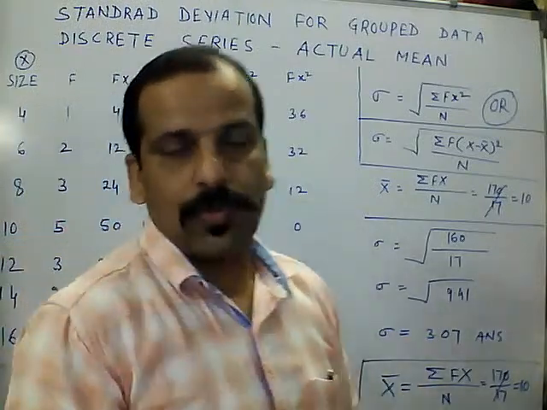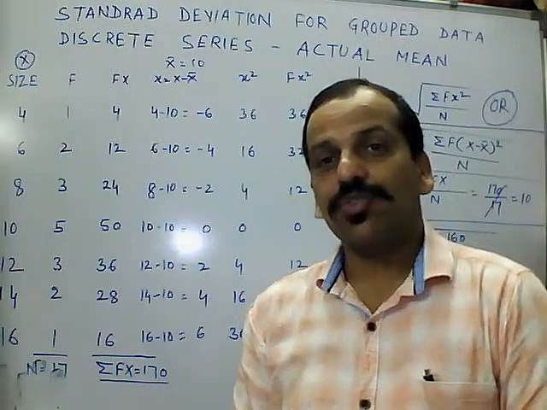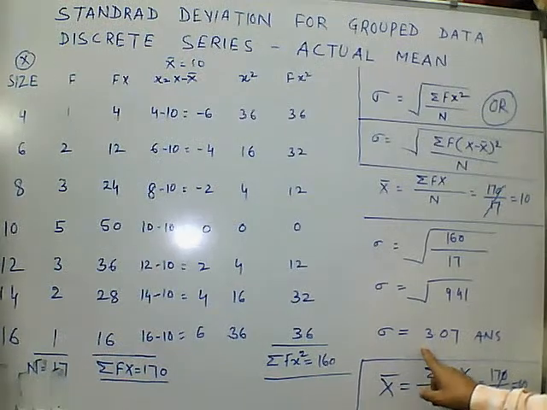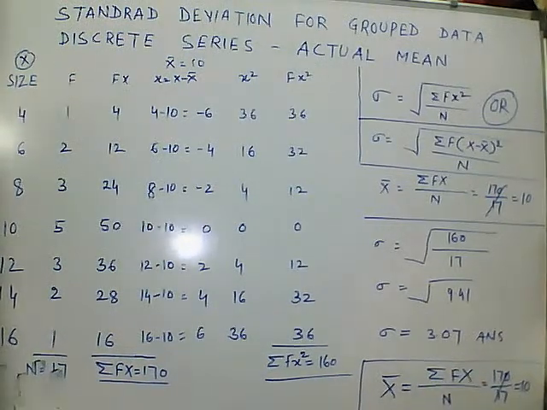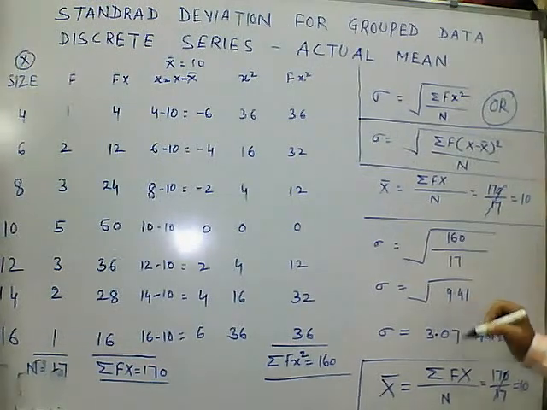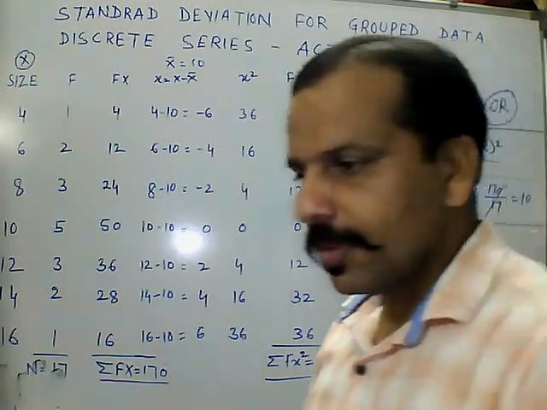So the value of standard deviation by the actual mean method in discrete series is 3.07. This is your standard deviation.